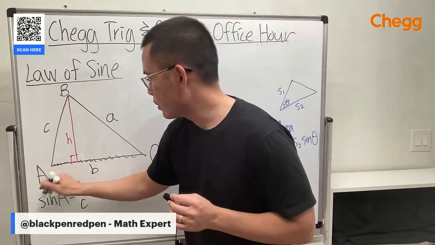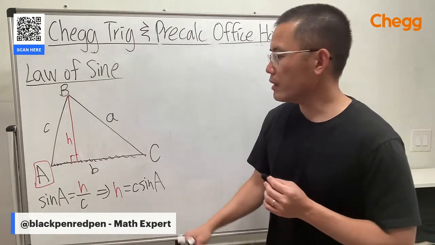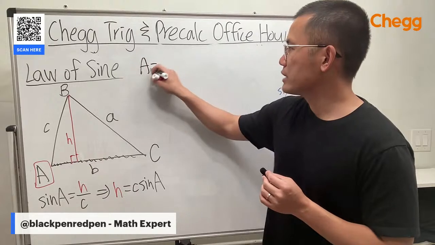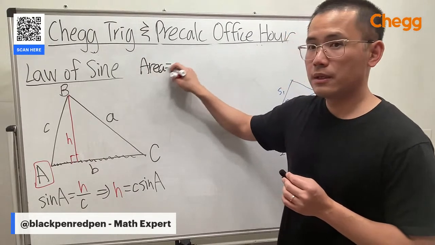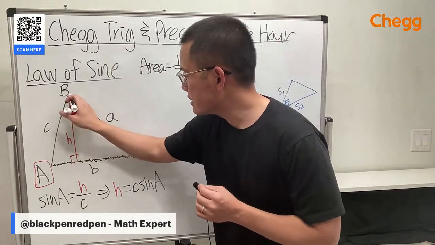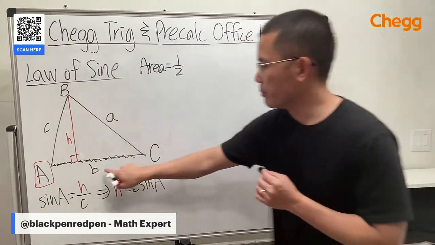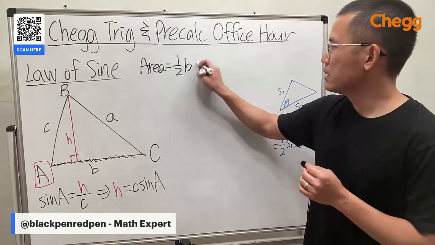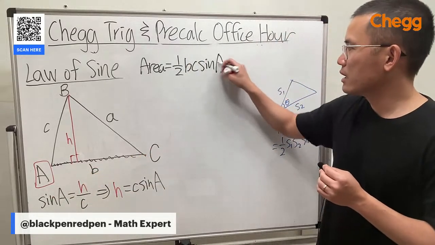Here we are going to do the following. If we take this angle for our consideration, the area, just like what we went over earlier, is equal to 1/2 the adjacent sides. Ignore the height. The adjacent sides multiply, so b times c, and then times the sine of the angle A. That's the area.